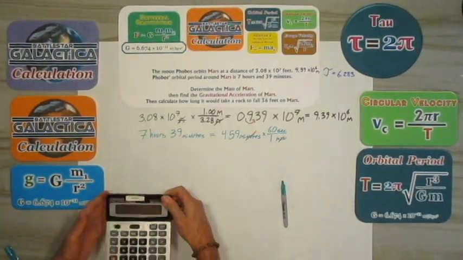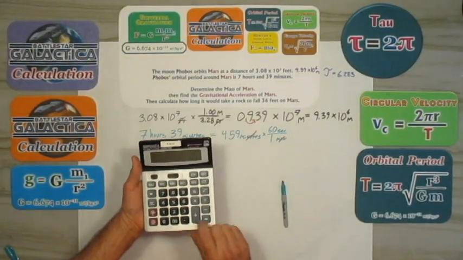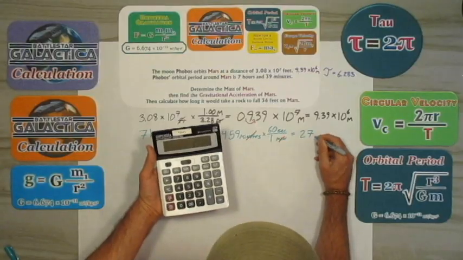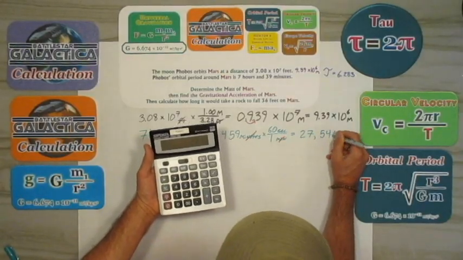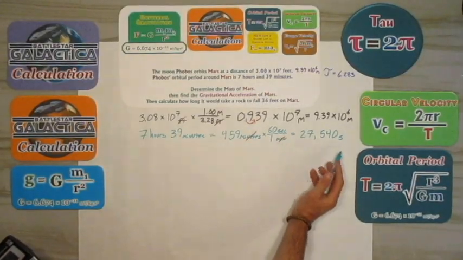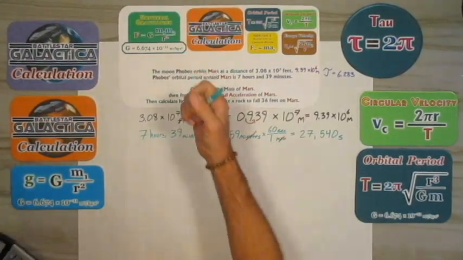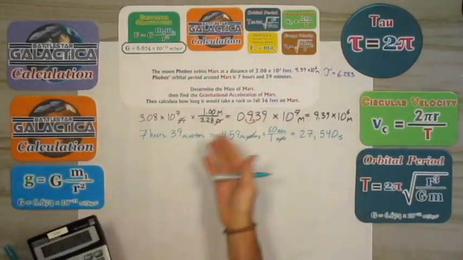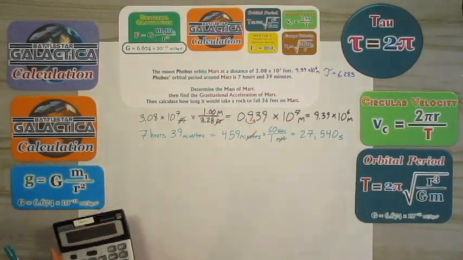And then what we get is 27,540 seconds. Okay, so now we have things in meters and seconds, and you know how we usually want meters, seconds, and kilograms as our units. Just remember those are the ones that typically come up in most situations.